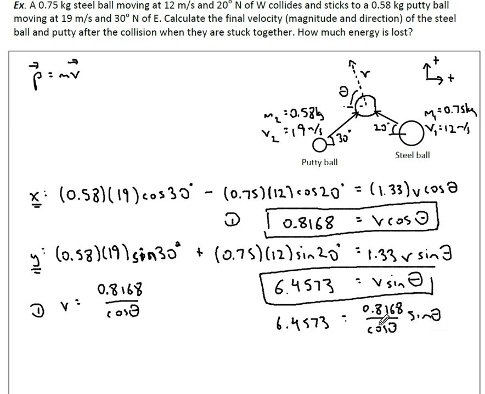Pretty much the exact same thing as last time, so we're just going to divide out. We get 7.9056 is tan theta. So we get theta is equal to 83 degrees. And if we plug that angle back in, we get V is equal to 6.5 meters per second.